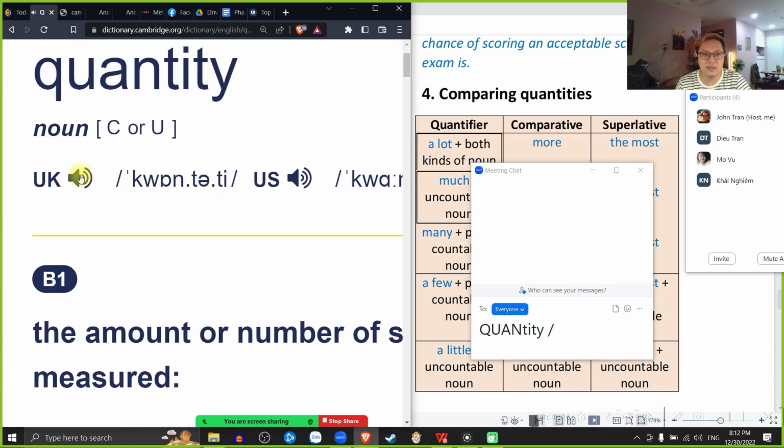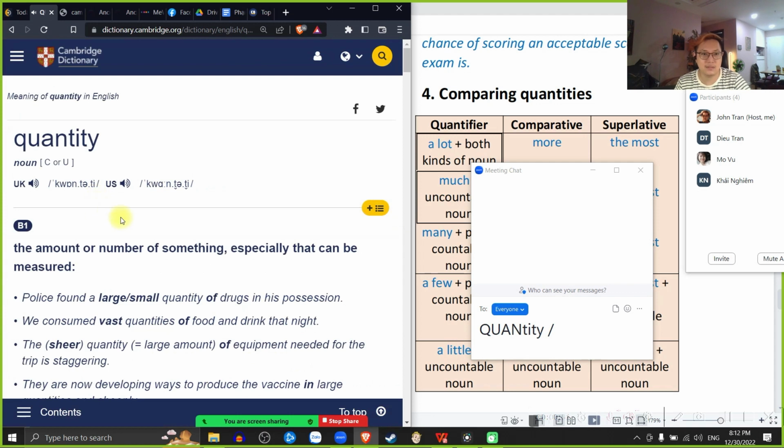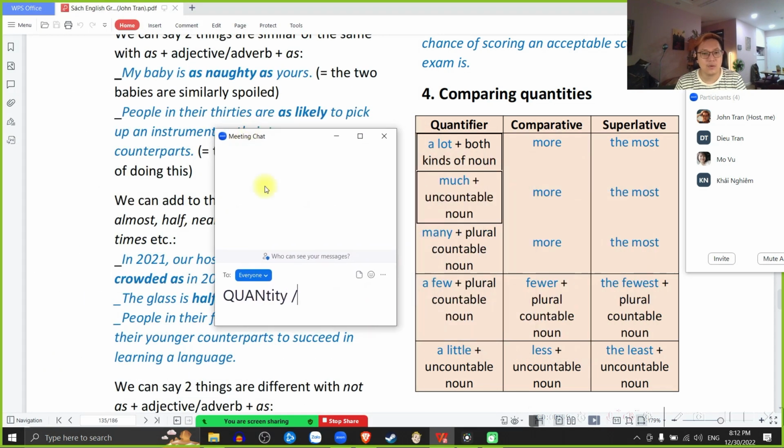Quantity means the amount or number of something. Cái lượng, hoặc là một cái khoảng, một cái lượng của cái gì đó. Nó gọi là số lượng hoặc là cái lượng. Comparing quantity, so sánh những cái số lượng, những cái khoảng, cái lượng với nhau.